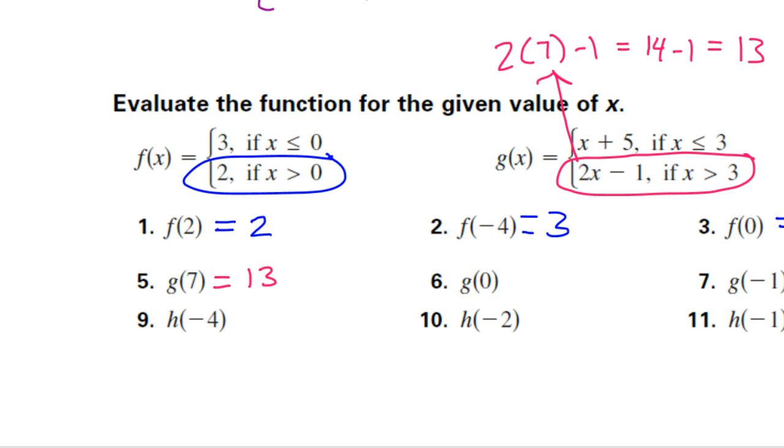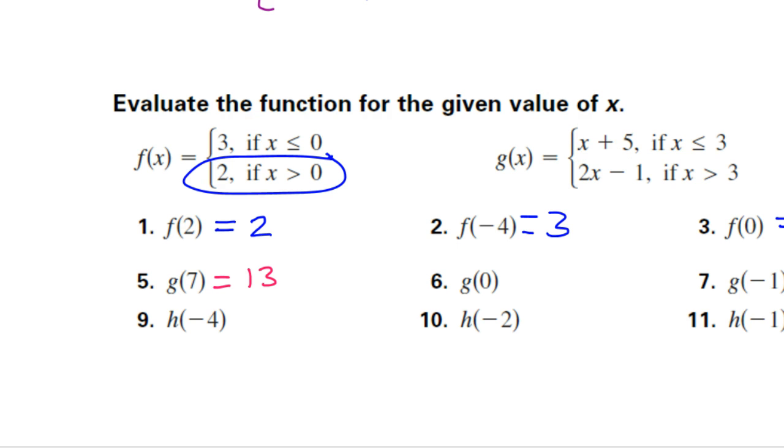Now, how about 0? Zero is less than or equal to 3. So we will be using the top piece for 0. All right, so that means we will be doing 0 plus 5, which of course is just 5.